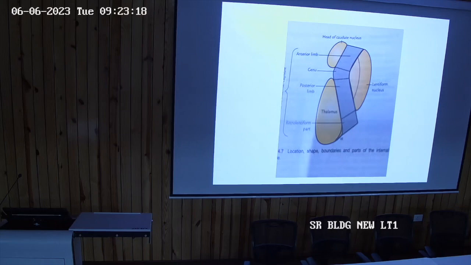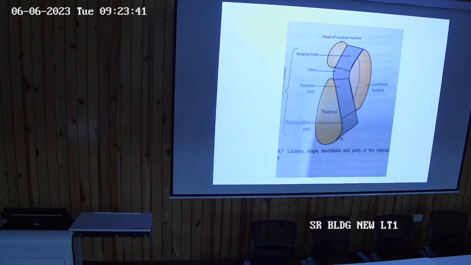Now let's see. They form about 72% of the internal capsule. So large. Corticopontine fibers form 72% of the internal capsule. And they are named according to which part of the cerebral cortex the fibers arise from.